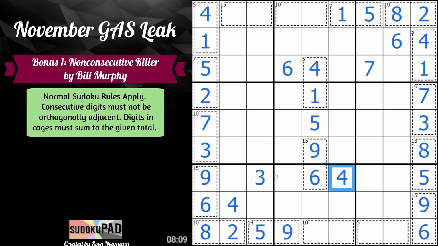Then, hmm, 1, 7. Oh, well, 2 in this row can't go here. Is that something? Hmm.